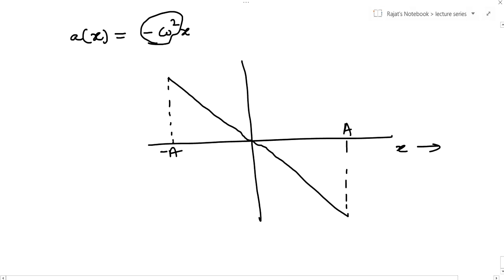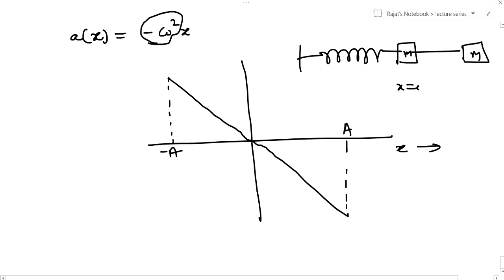So when the block has been extended and is at plus a, in that condition the acceleration is maximum and the value will be minus omega square a, and it will be pulling towards the mean position.